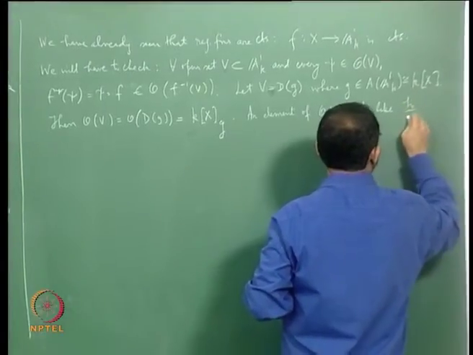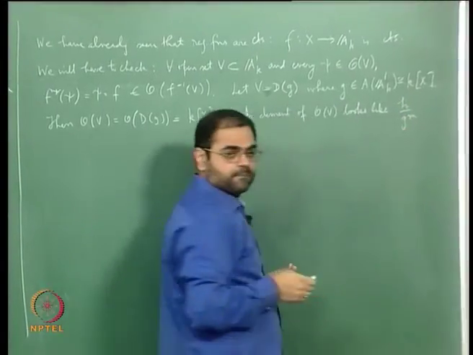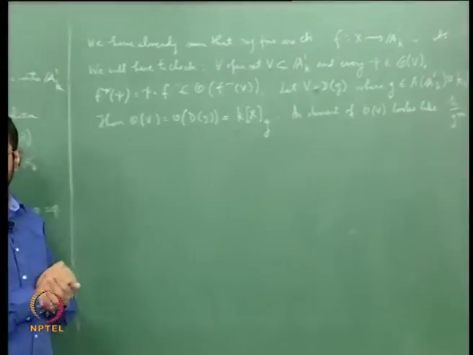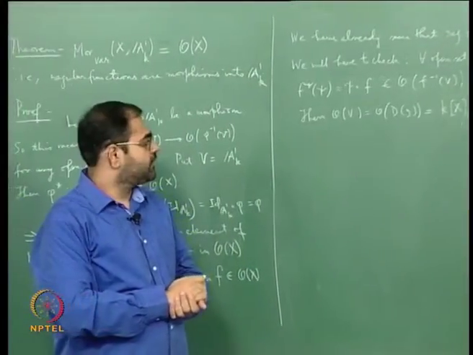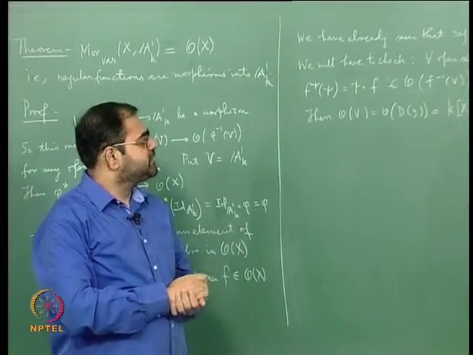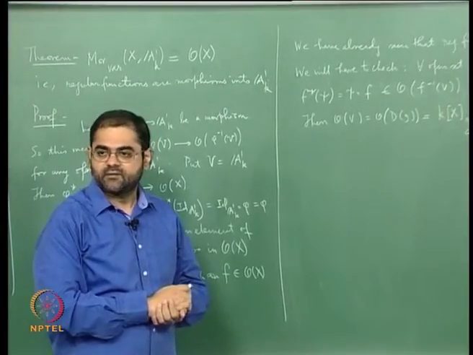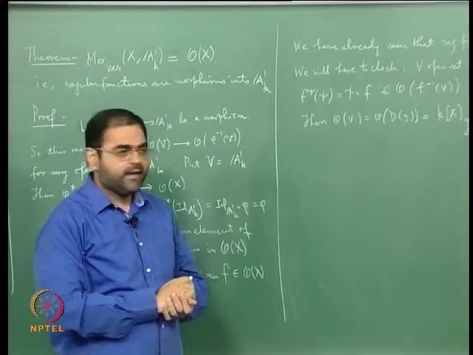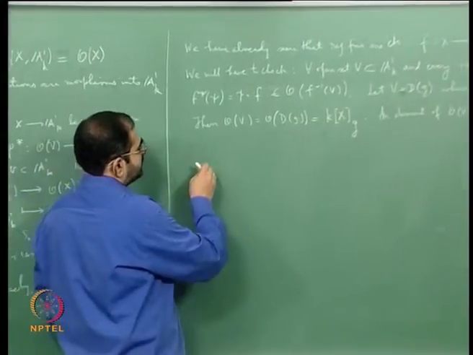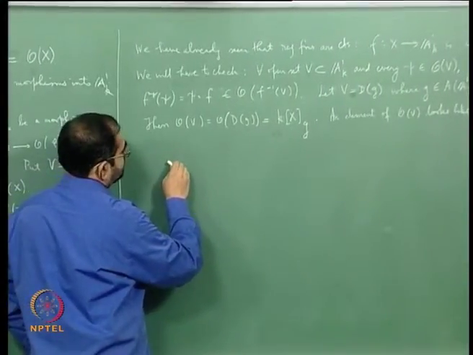This is how an element in the localization looks, and you are thinking of this h by G power m as a regular function on V, and every regular function on V looks like that, right.